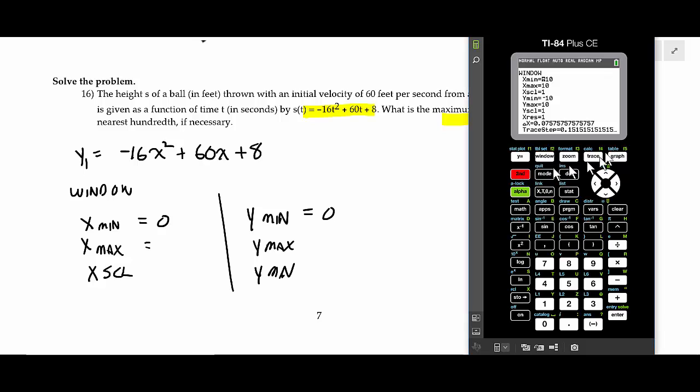If you go second graph, then that will show a table of values for you. All you got to do is look at what's happening starting at 0 and look at how these y values get bigger. Like there's 0, 8. The y values are getting bigger. Now, eventually, they start going down again. And once we get into those negative numbers, it doesn't have any meaning. So we want y to be positive.